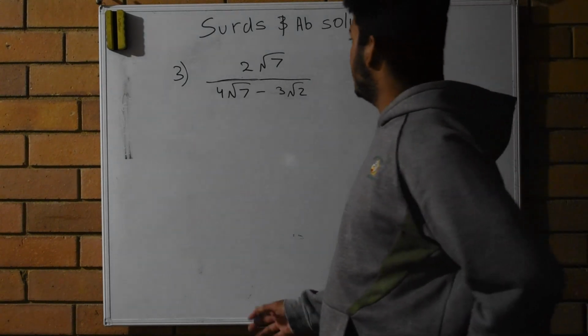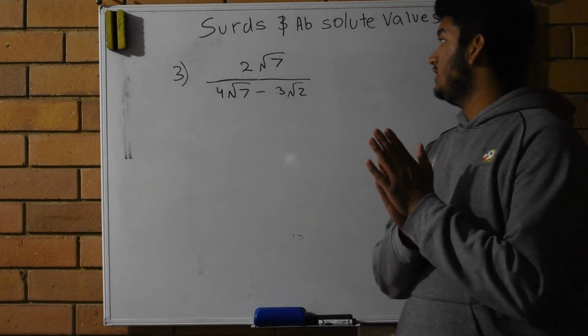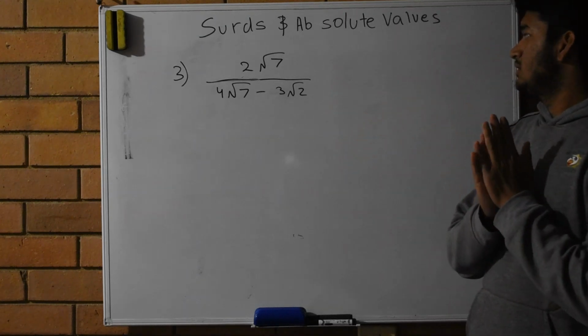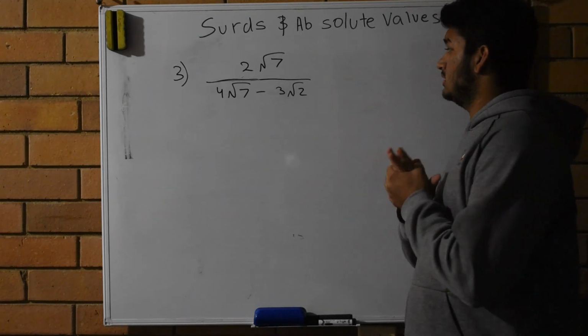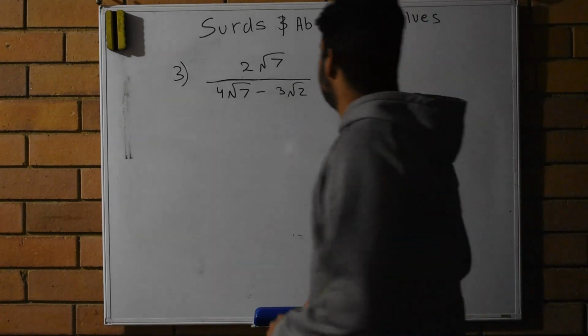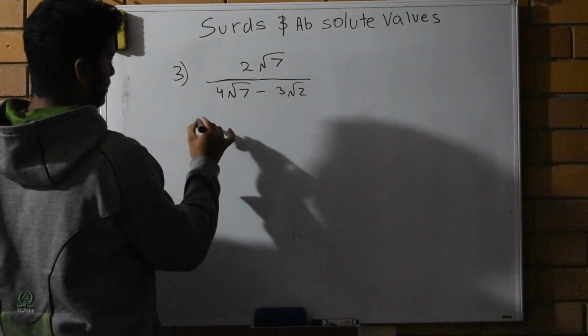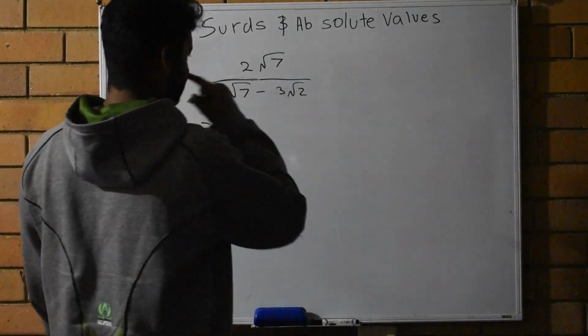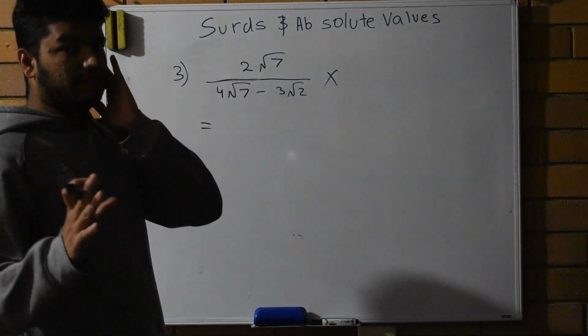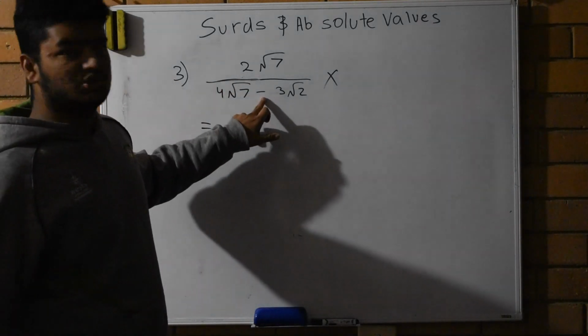Alright guys, so problem number 3 for today. And this one, rationalizing the denominator again, but by completing the square. So let's get this underway. I'm not going to write the question again, but it's too big. It's going to take a lot of time. In this case, what we do, we times by 1 again, but we're going to change the signs, we're going to flip it.